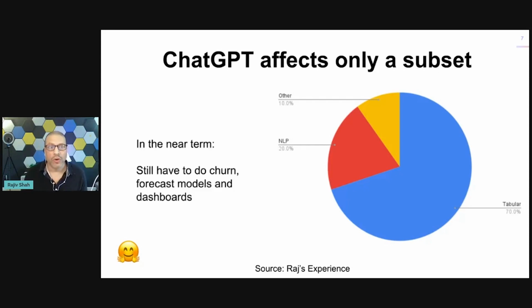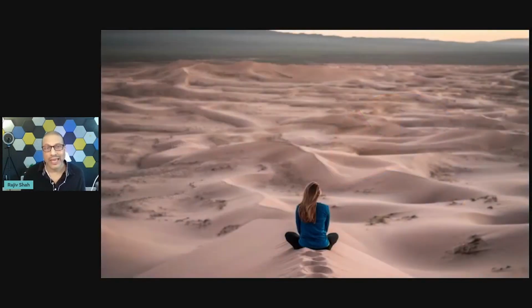So in the near term, yes, you're going to have to keep working on your churn projects, your forecasting models, your dashboards, but it's not going to radically change everything right away. So take a deep breath as you're going through this. All the things that we see on a day-by-day, week basis, in terms of planning out and thinking about your enterprise, we have time. We can relax.